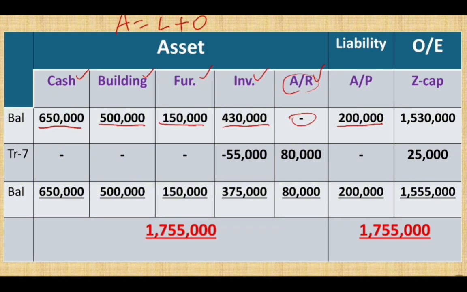In the case of transaction 6, account payable was 200,000. This is the money that we are going to pay in the future, and this is a liability account, so it is 200,000. The owner equity account is the capital, that is 1,530,000.